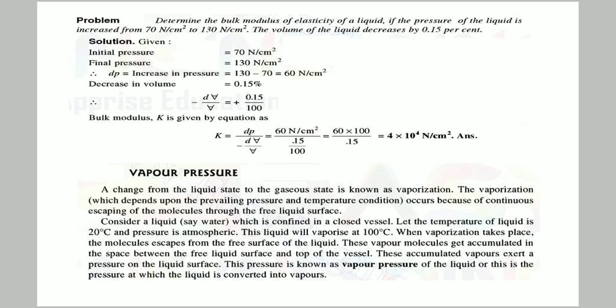Now, the vapor molecules get accumulated near the top layer of the liquid surface, and they form a layer between the gaseous phase, that is gas, and the liquid.